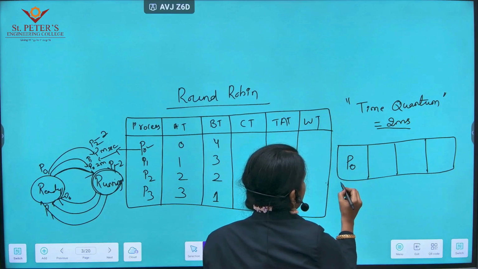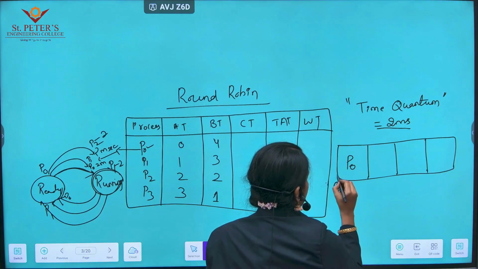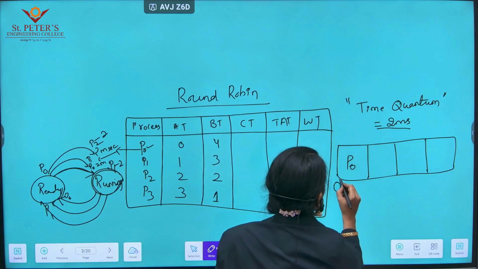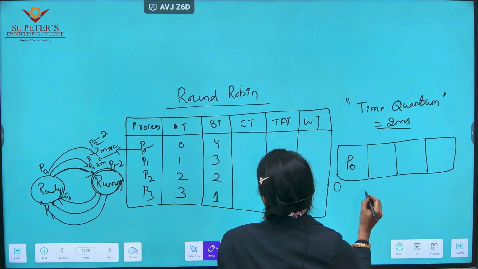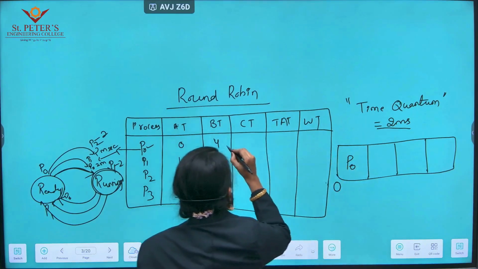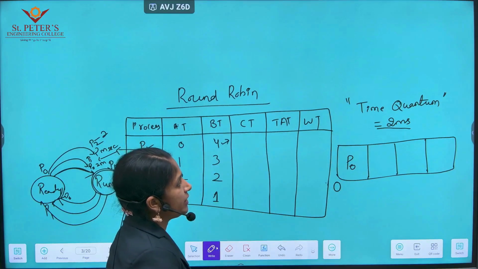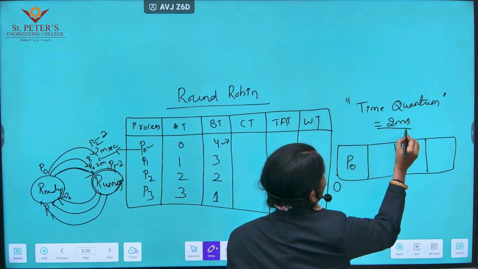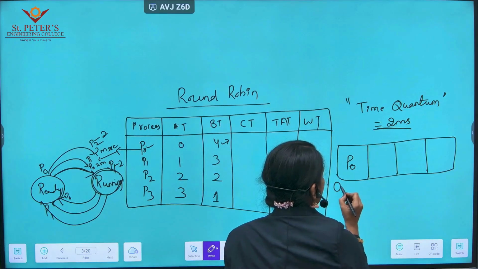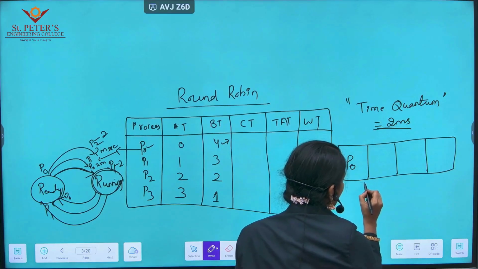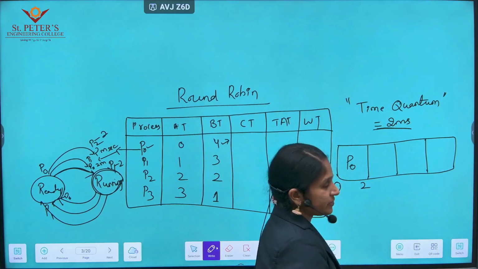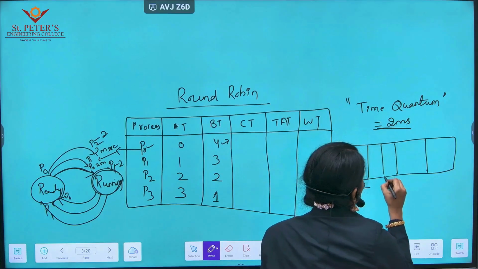P0 will come at the 0th millisecond and needs 4 milliseconds to complete. Here the time quantum is 2 milliseconds, so P0 will be given only 2. Next, coming to P1.